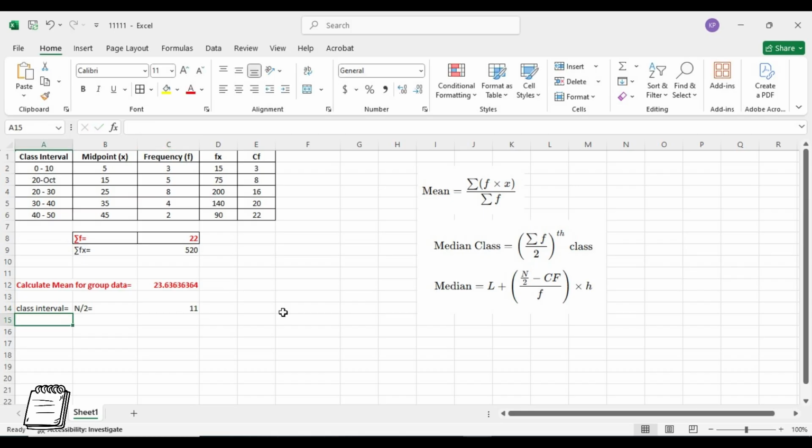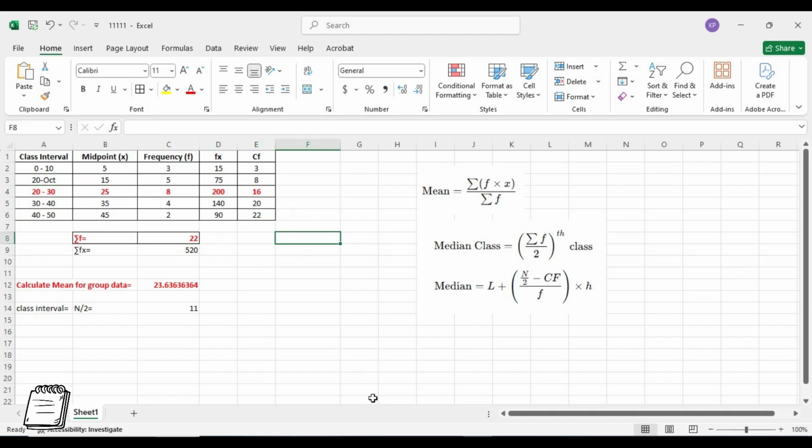Now find out in which group the 11 falls in the cumulative frequency. Here is 16. In the 16 of the cumulative frequency, we will find the 11th frequency. So we will choose the 20-30 group as the class interval to find the median.